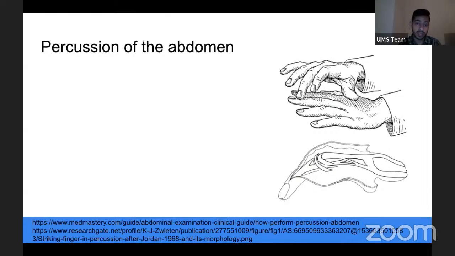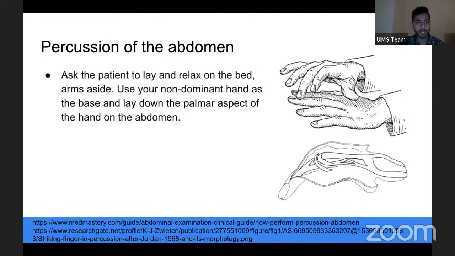Percussion is an important part of the abdominal exam, and it consists of tapping on the body wall and trying to elicit a sound which has different pitches for different structures, and the changes in the pitch differ depending upon the organ being percussed. So how do we percuss?